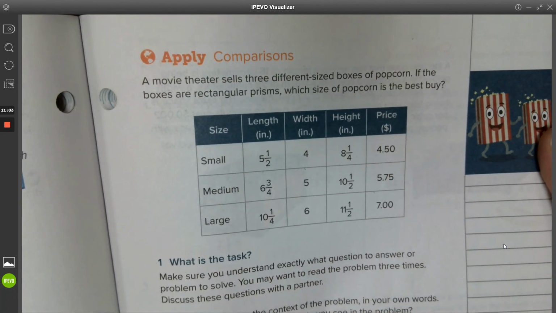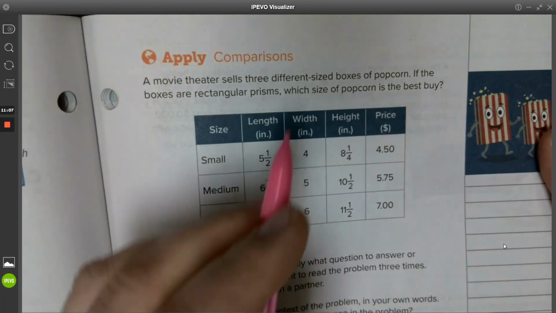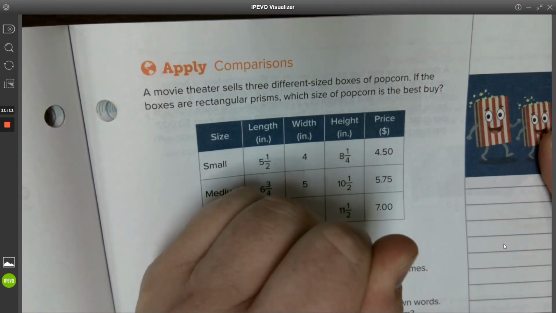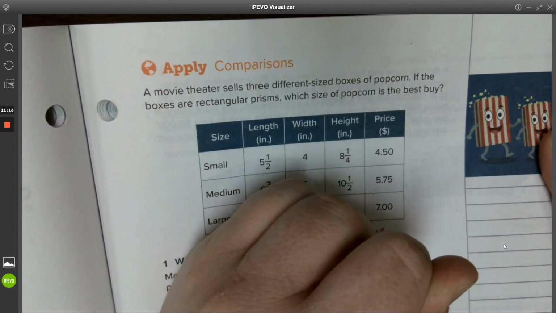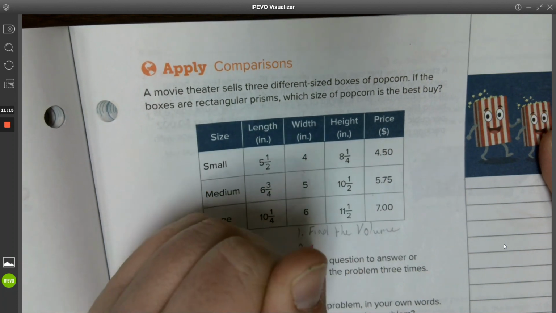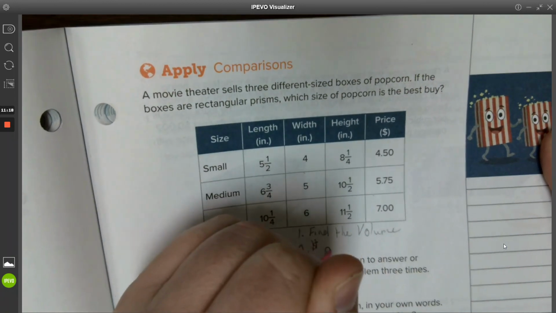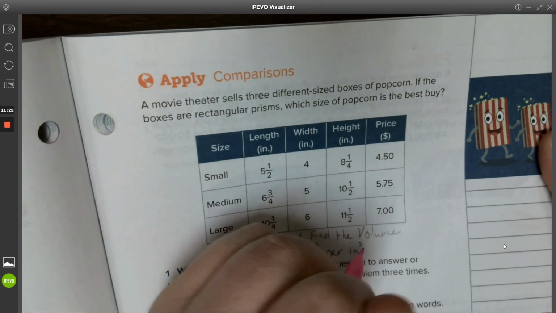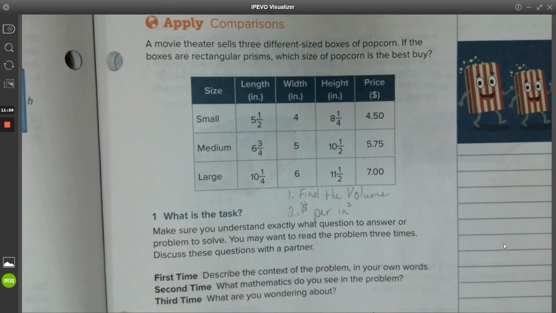So you want to find the best value here. So multiple steps. First, find the volume. Second step is cost per cubic inch. Okay, so 2 steps to that.